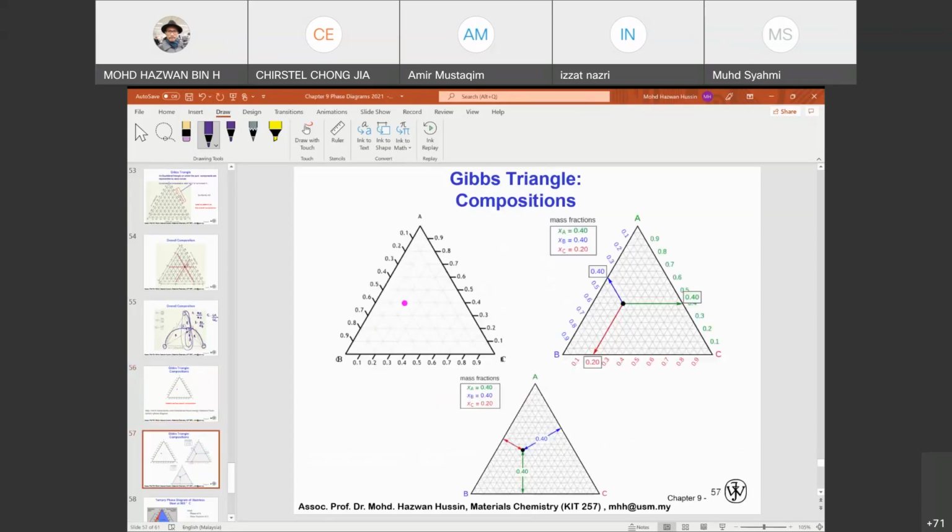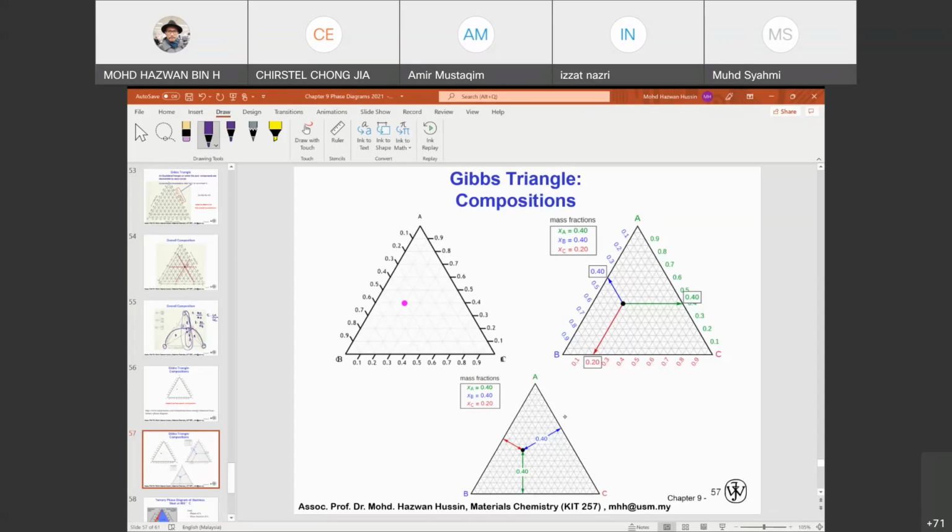So how to do that? This is adopted from the simulation that we downloaded, or maybe you can try from the link that I gave you before. Okay, so you have this point. How do you find the mass fraction of A, B, and C?